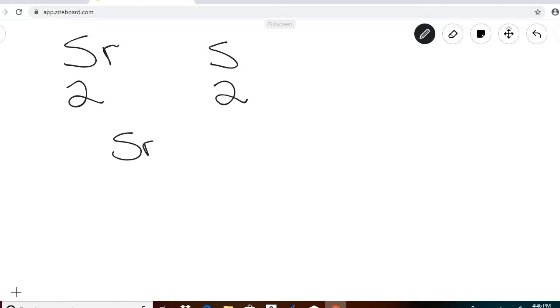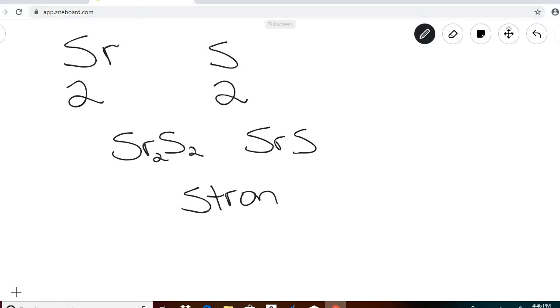So its formula would be Sr2S2, but because those numbers are the same, we would just write SrS. And this would be called strontium sulfide. Strontium sulfide.